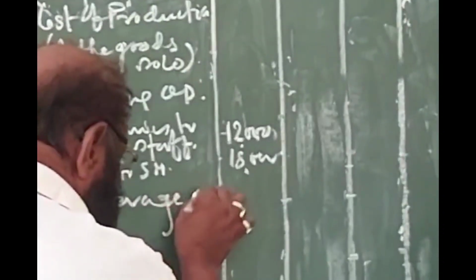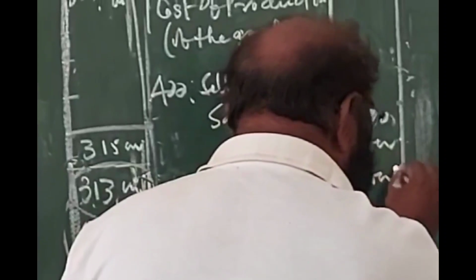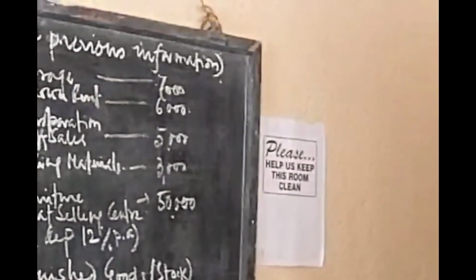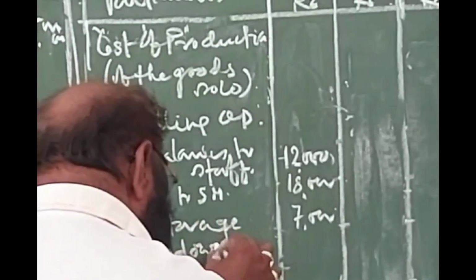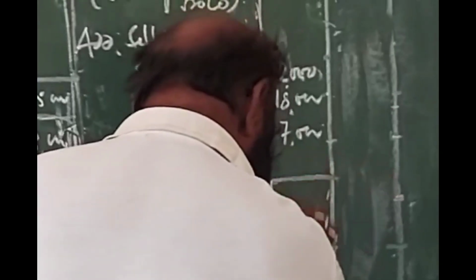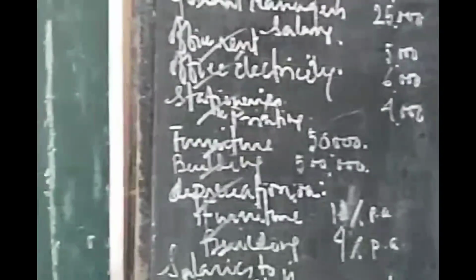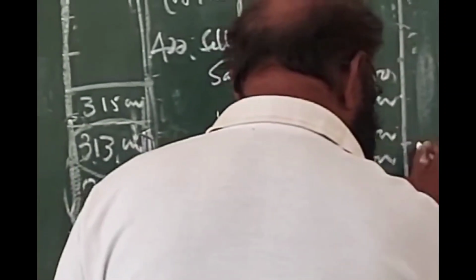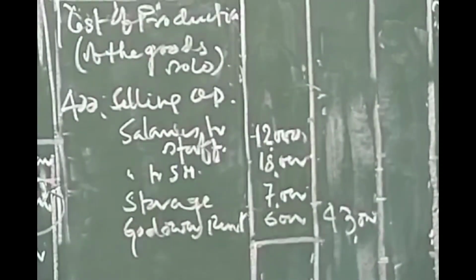Here for our purpose you may consider storage. Storage, how much? 7,000. Okay. Transport and godown rent may go here, or under distribution overhead too. This amount is around 6,000. So it is 43,000. Clear? So we are getting 43,000 as selling overhead.